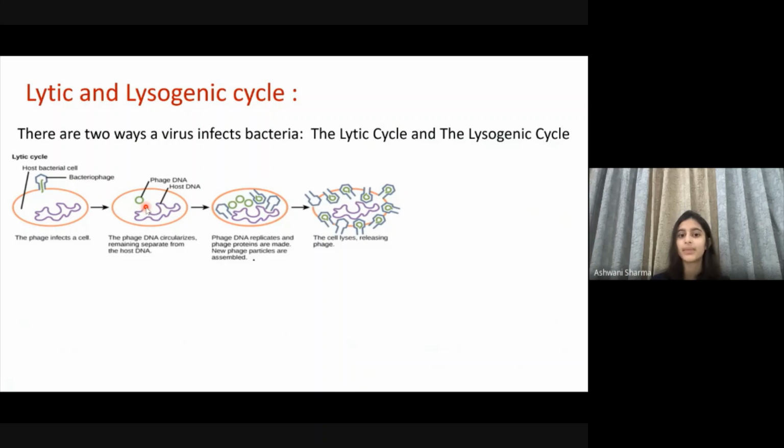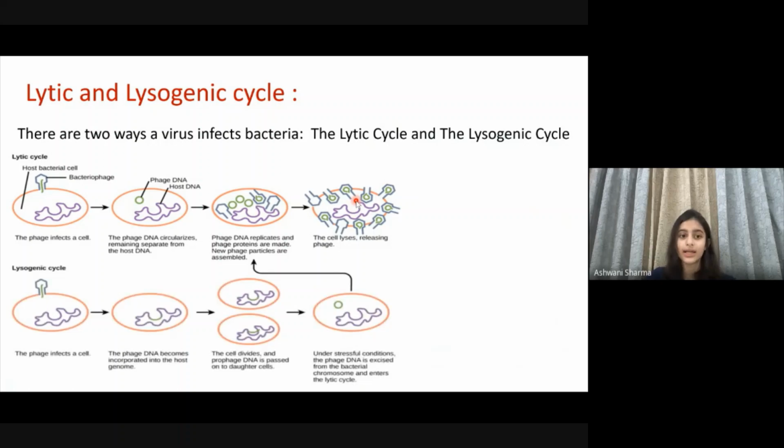It basically multiplies inside the bacteria itself. It forms many different bacteriophages inside the bacteria itself. And when the bacteria is so full of these phages, it just bursts out. And these new bacteriophages go out to infect more bacteria. And this is basically how they reproduce and how they multiply.